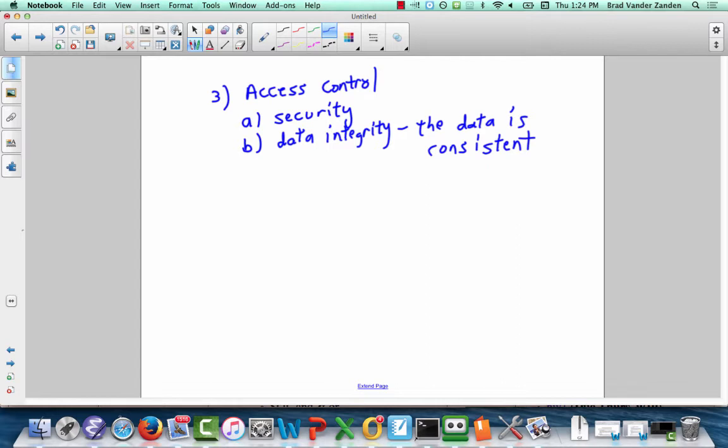So NoSQL relaxes what's called transaction control. It allows multiple users to simultaneously update things, and there may be conflicting updates, and NoSQL is fine with that as long as eventually the updates converge to one user's update.